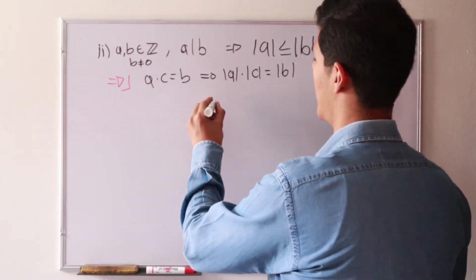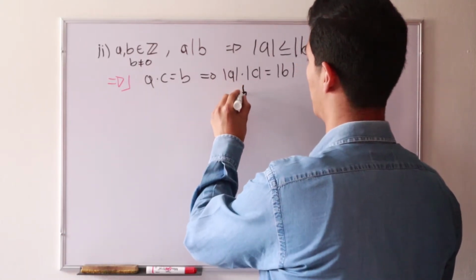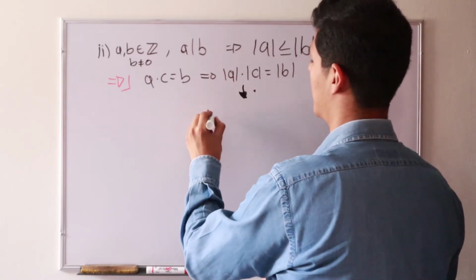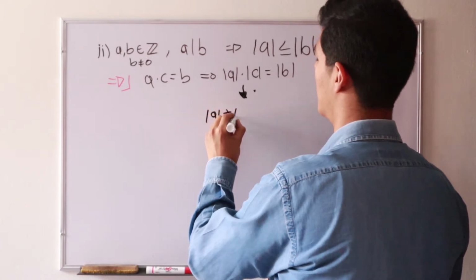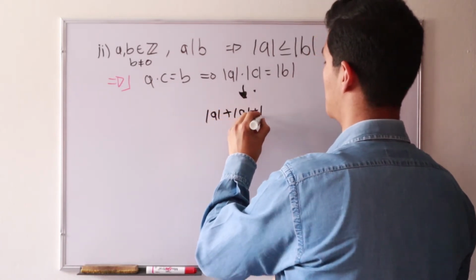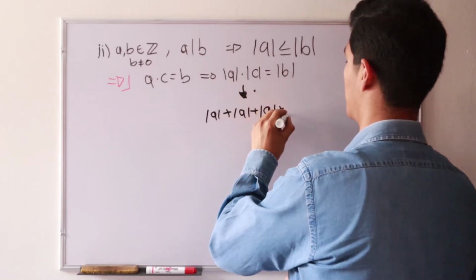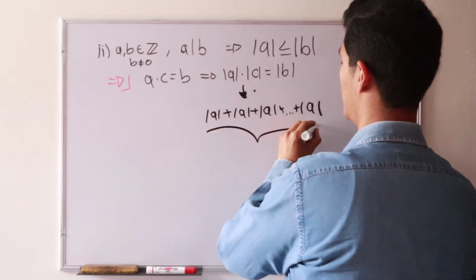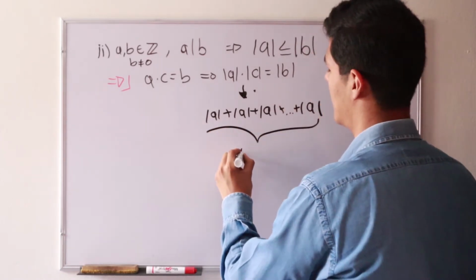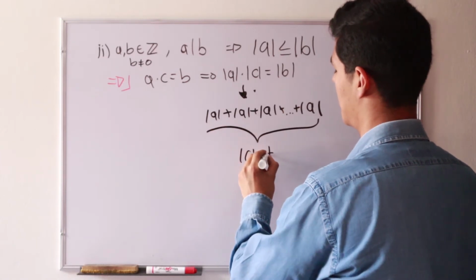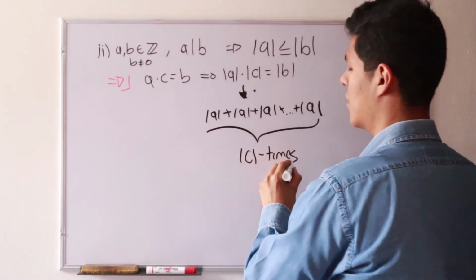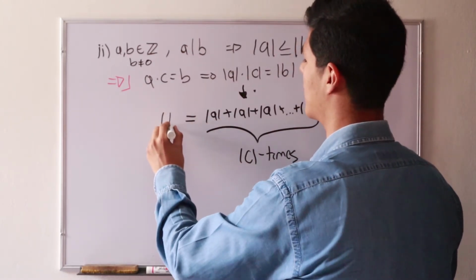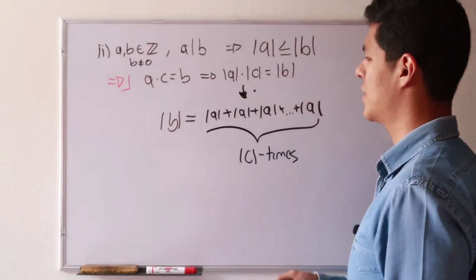So we have, from the definition of multiplication or product, that we have to sum these expressions, the absolute value of A, C times. So this equals the absolute value of B.